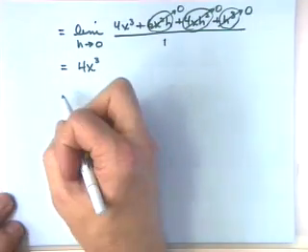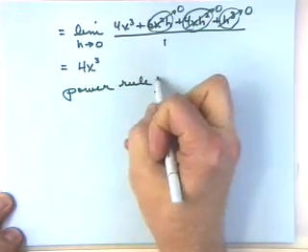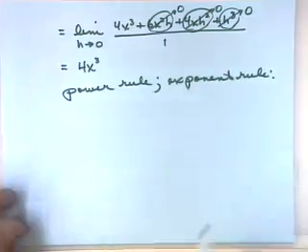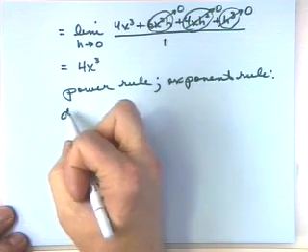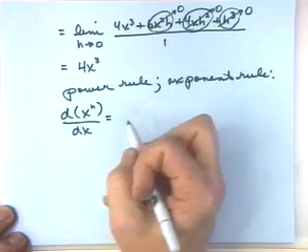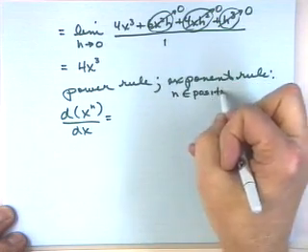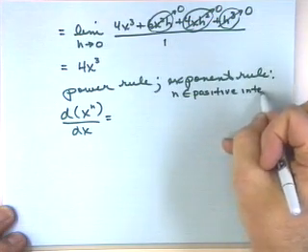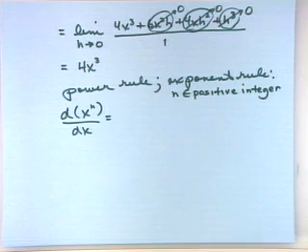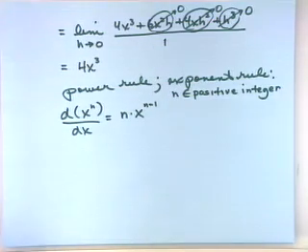Now, what seems likely then for our power rule or exponent rule, and then we'll validate this, is that if we have the derivative of x to the n, where n is a positive integer, it's n times x to 1 degree less.